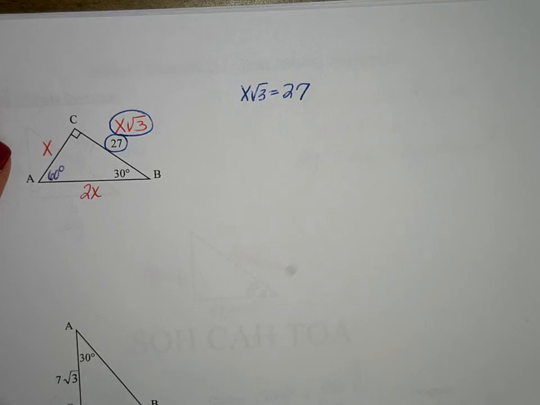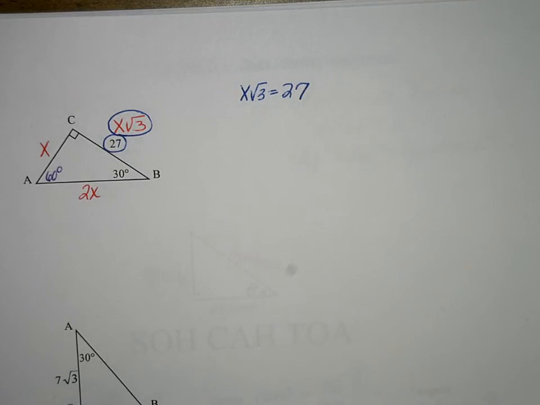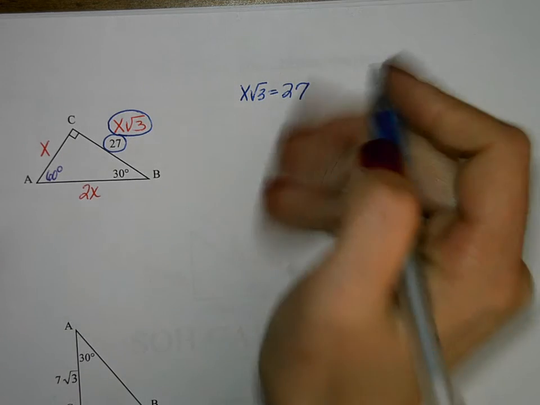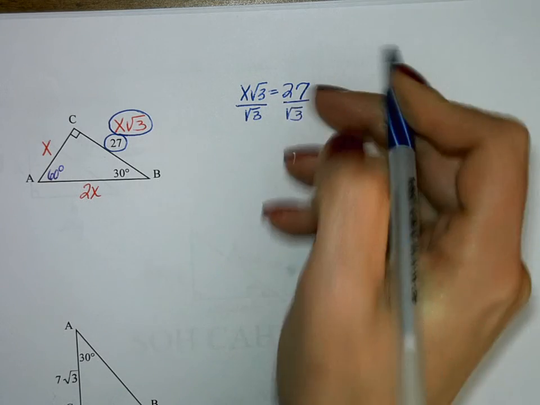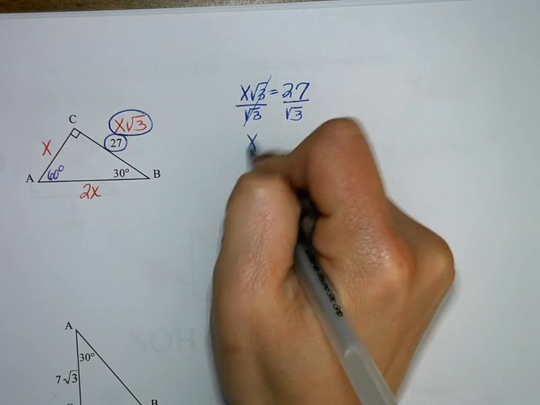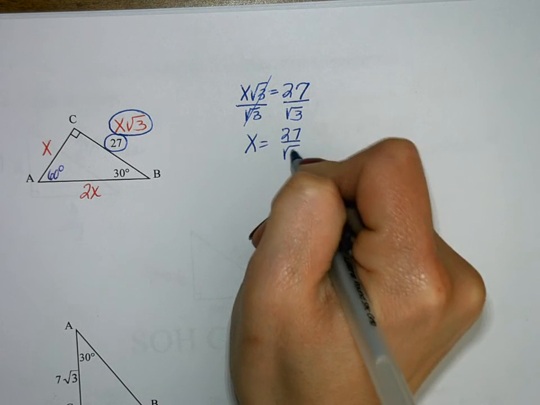You take the second power. Ooh, are you sure? What's going on in between that x and that square root of 3? You divide. Thank you. They're being multiplied, so I'm going to divide both sides by the square root of 3. So my square roots of 3 are going to cancel, and x is equal to 27 over the square root of 3.